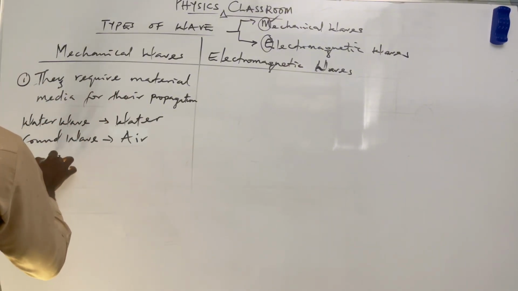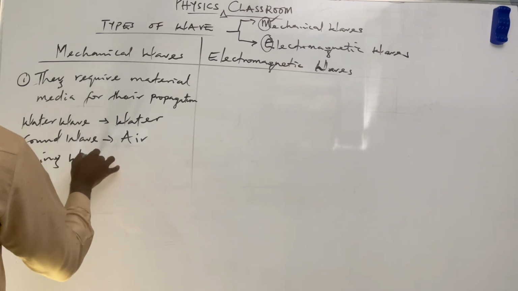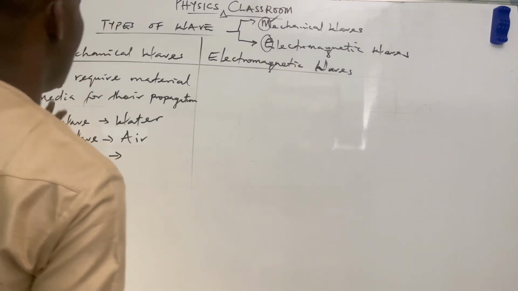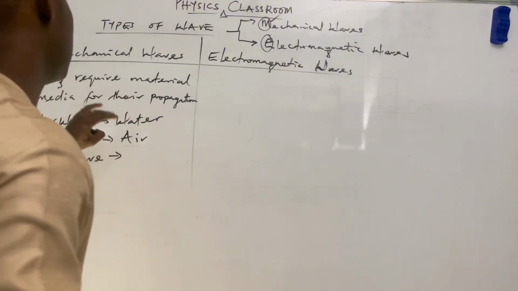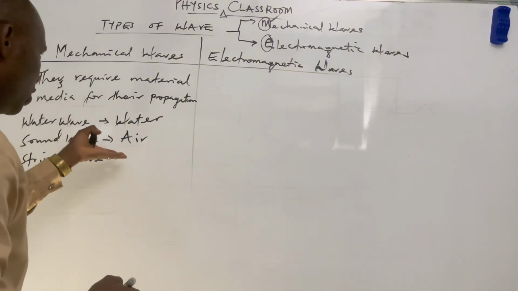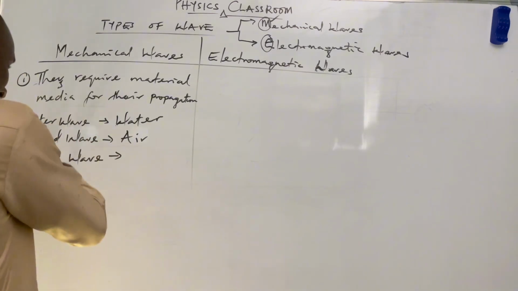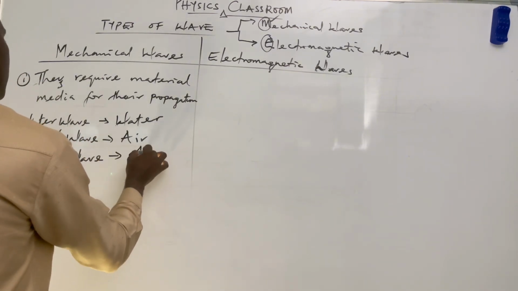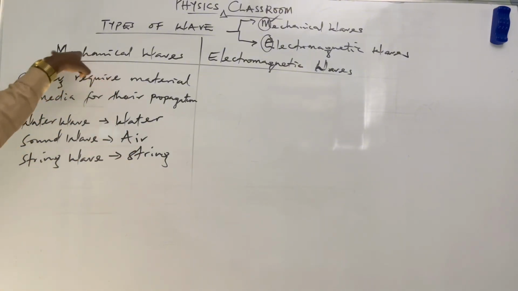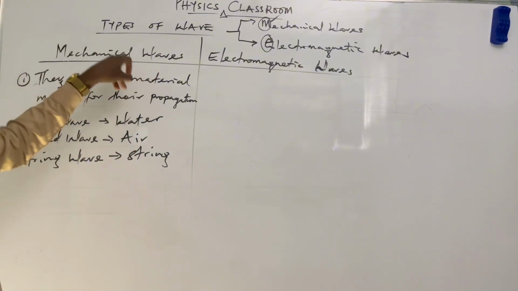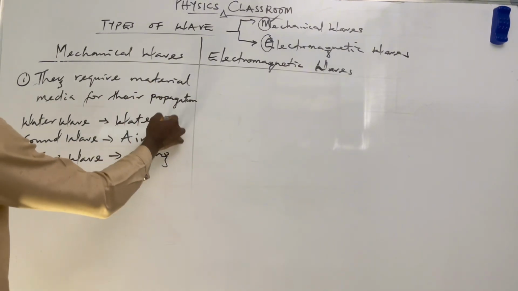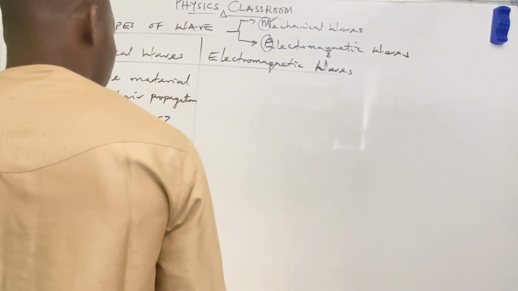String wave, like the wave from a guitar string, is a mechanical wave on its own, as it requires a material medium for its propagation. So the medium itself that this wave will require is what we call string. Take notes. You can see now that truly mechanical waves require material media for their propagation. As you can see, some of the media are outlined here.